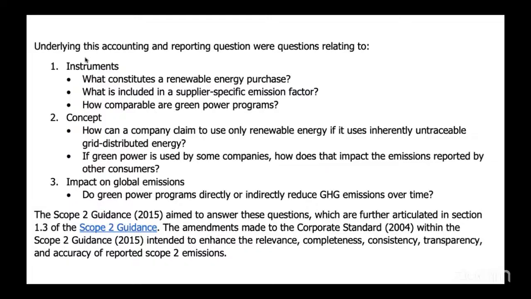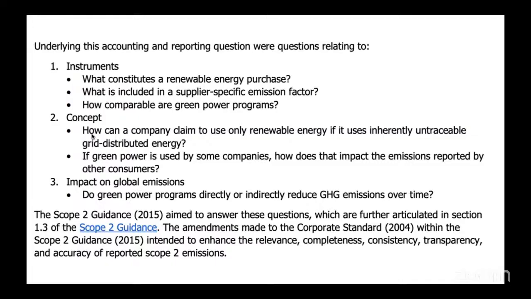Underlying this accounting and reporting question were questions relating to, first, instruments. What constitutes a renewable energy purchase? どんなあれで再エネっていうのを買っていくのかということですね。What is included in the supplier-specific emission factor? How comparable are green power programs?